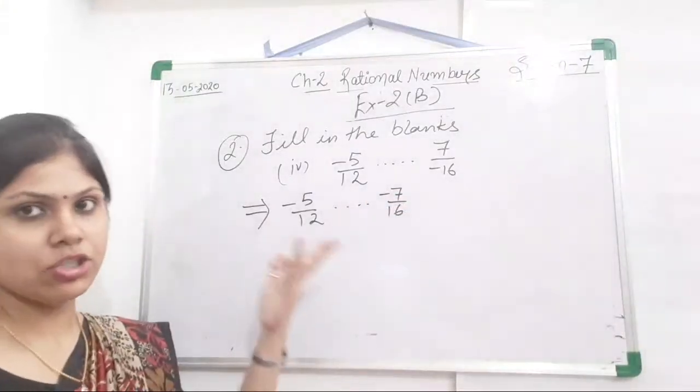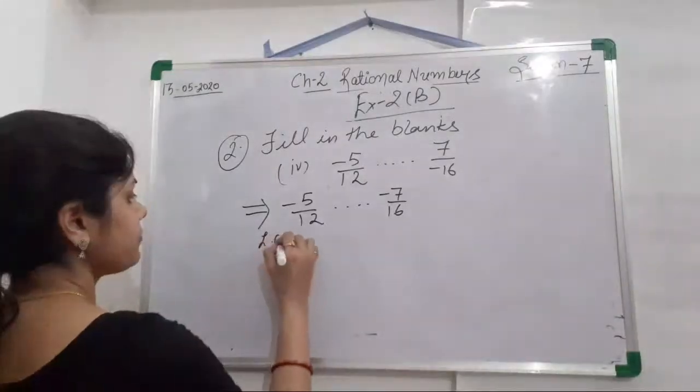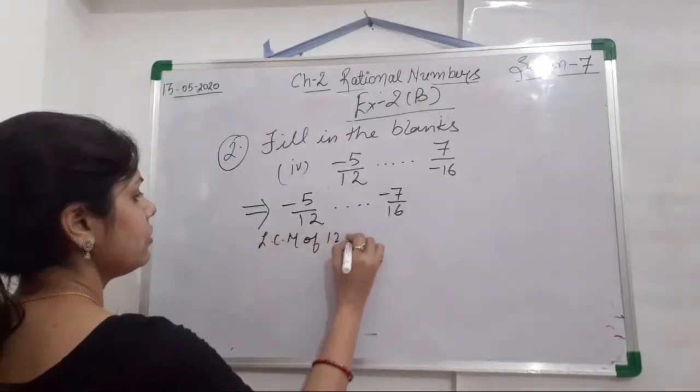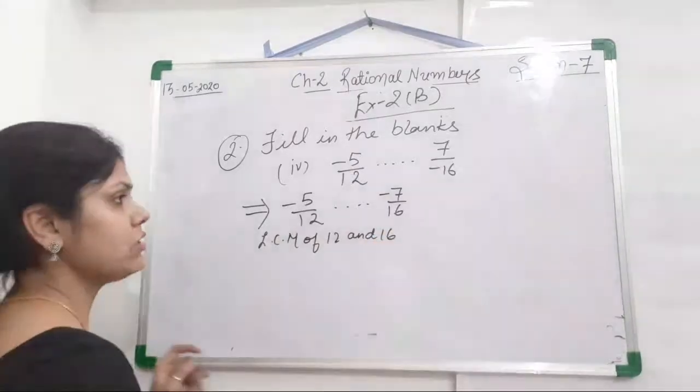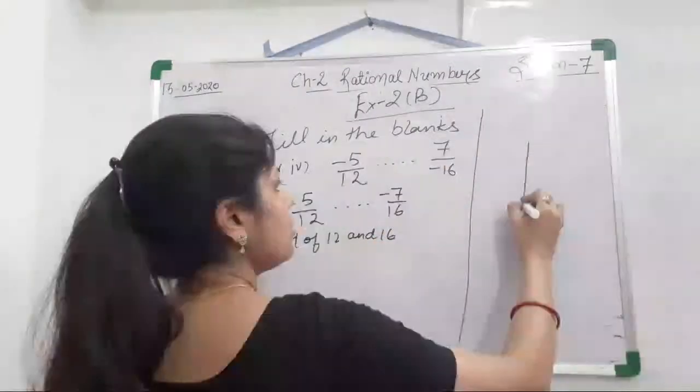You have to make the denominator positive. Now, LCM of 12 and 16. You will take out the LCM of 12 and 16.